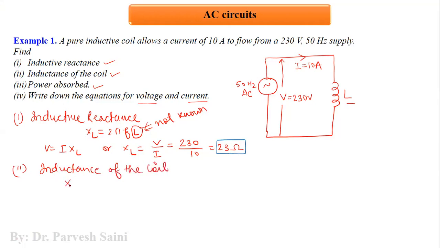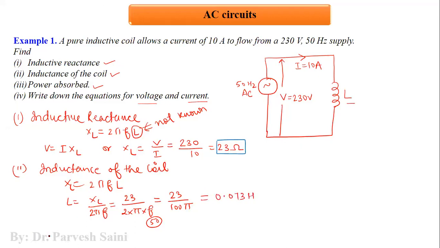XL is equal to 2 pi FL, so L is equal to XL by 2 pi F. This is 23 divided by 2 into pi into F, where F is 50 here, so it is 23 by 100 pi. This is equal to 0.073 Henry, which is the value of inductance in this particular case.